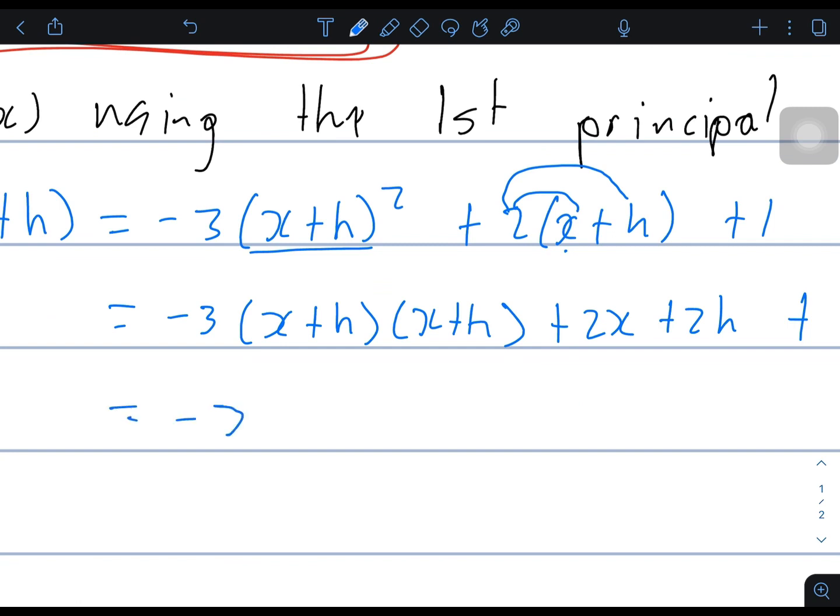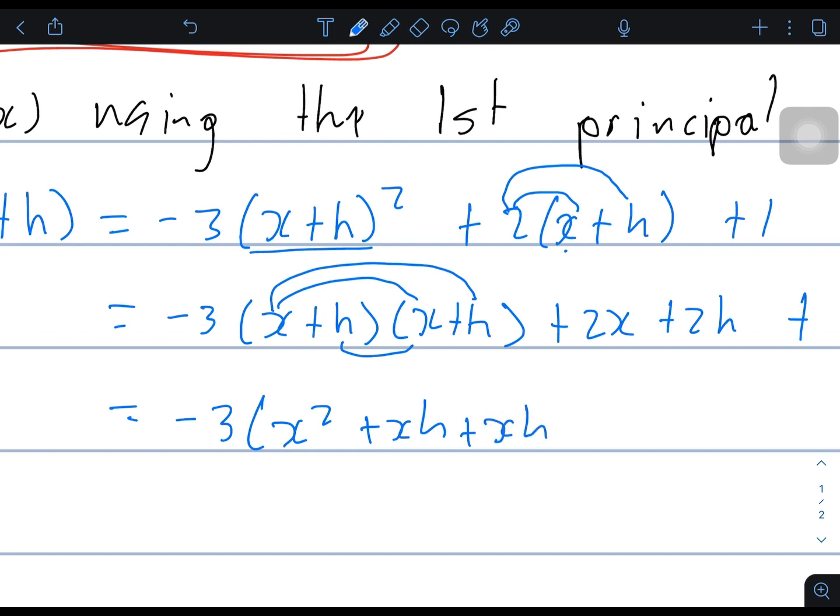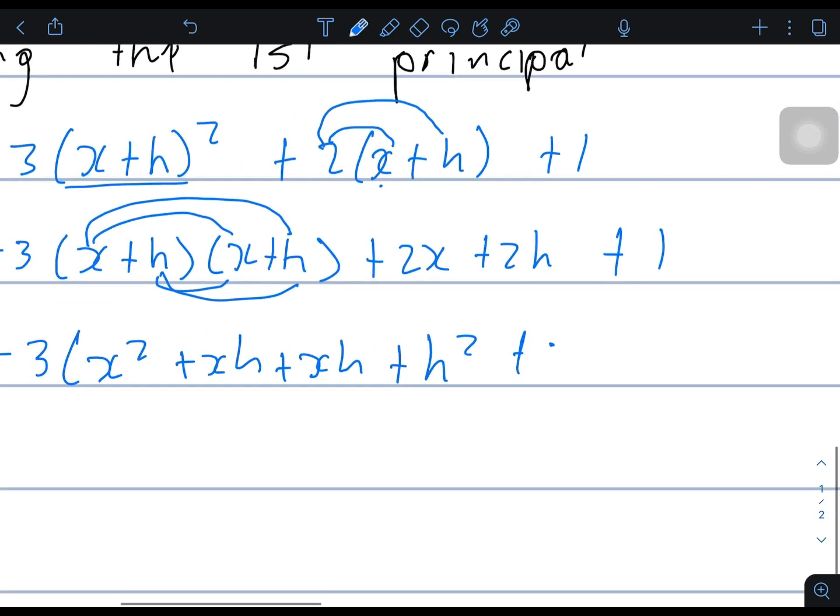Then minus 3, open brackets, x times x is x squared, x times h is xh, h times x is xh again, and h times h is h squared, close brackets, plus 2x plus 2h plus 1.